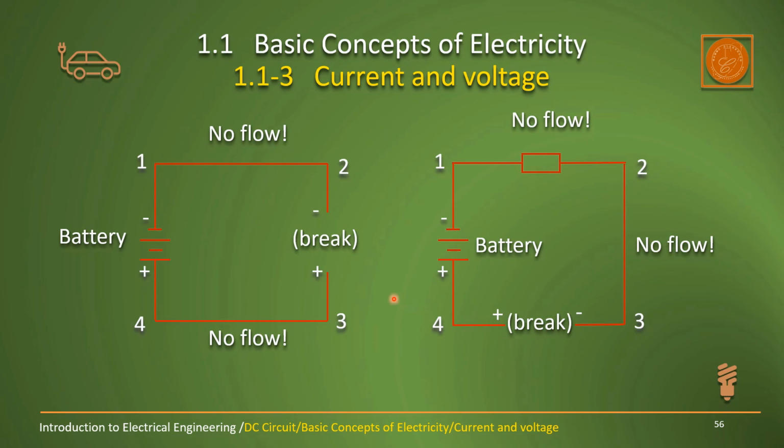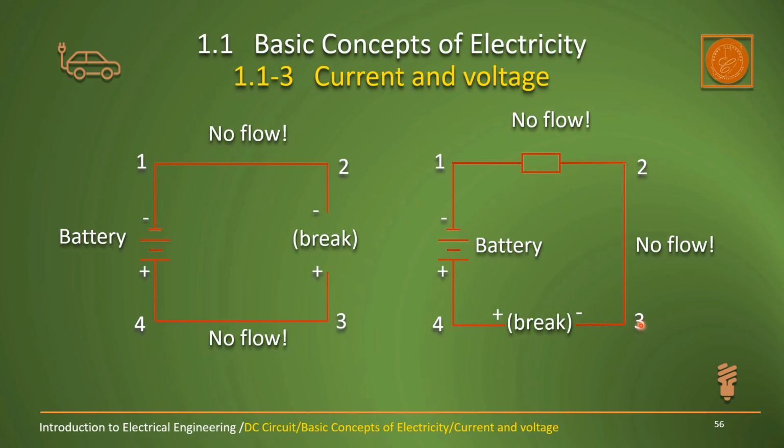You see, we found in this circuit number 3 is positive, and in this circuit number 3 is negative. What's the difference? Number 3 in this circuit is connected to the battery, so its voltage is higher than this point, number 2. So number 3 is positive, and number 2 is negative.